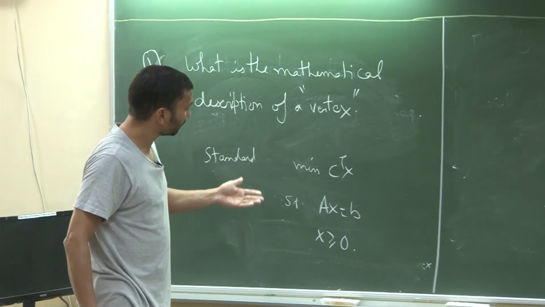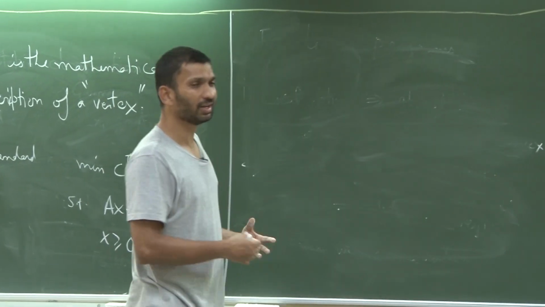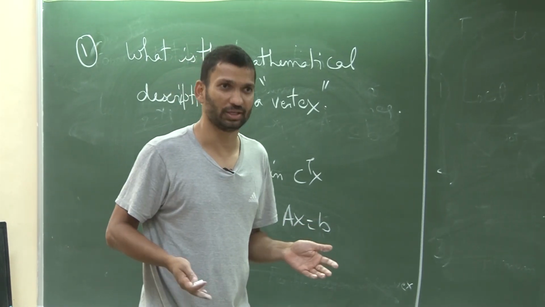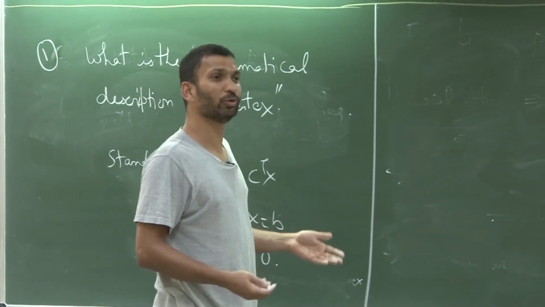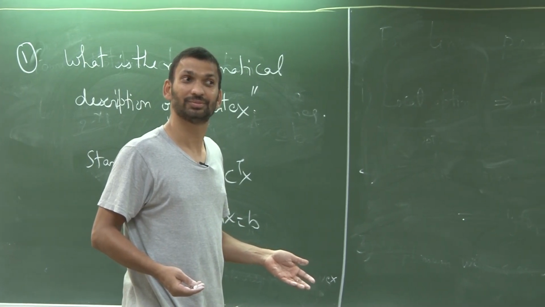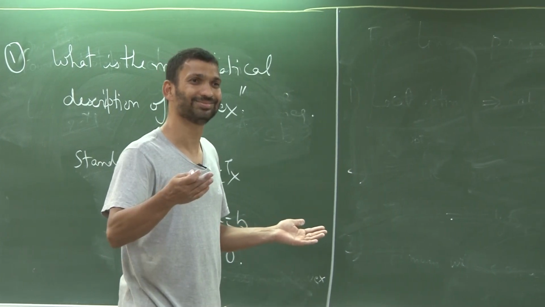Before I give you the mathematical description, let's try to see if we can get some intuition of what a vertex should look like. Once again, the idea would be to look at two dimensions, our favorite dimension.